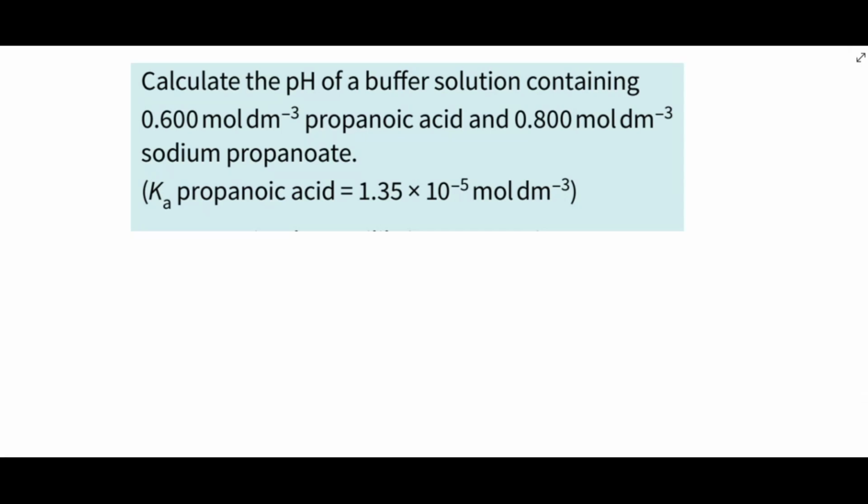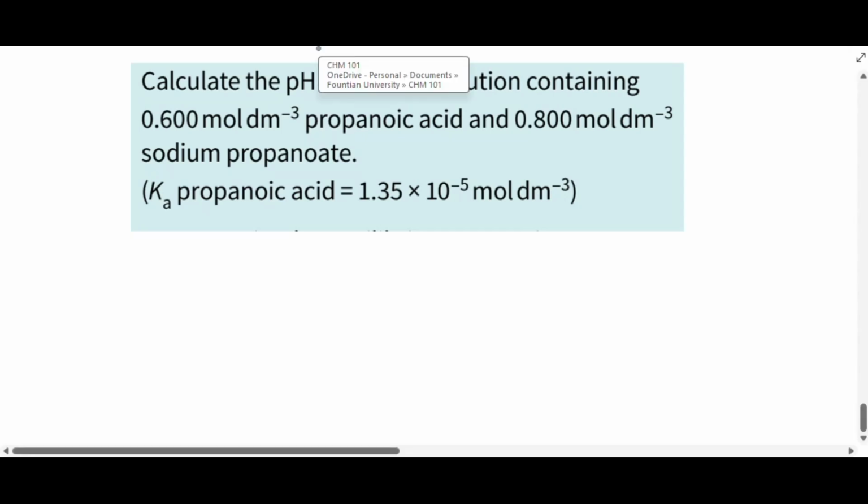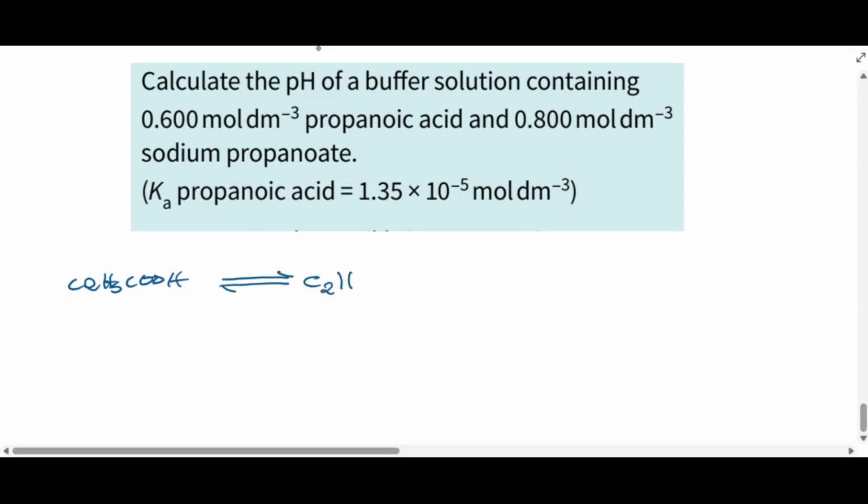So the first thing we are going to do is to write the equilibrium expression for this solution. So remember, we have propanoic acid, which is C2H5COOH, at equilibrium with the salt, which is C2H5COO minus, and the hydrogen ion.